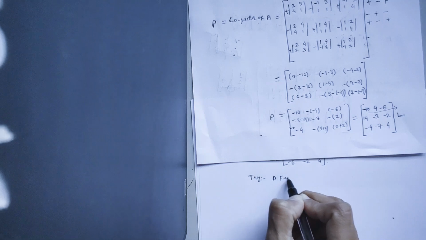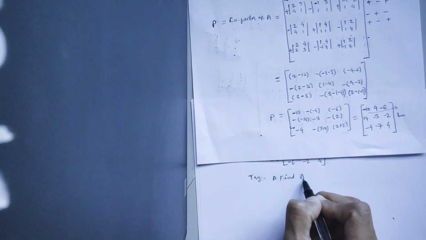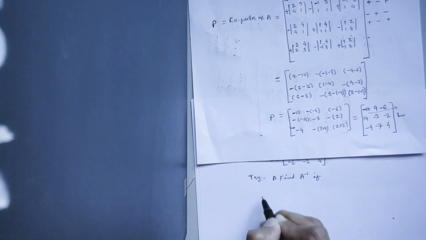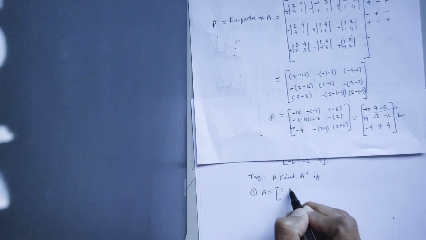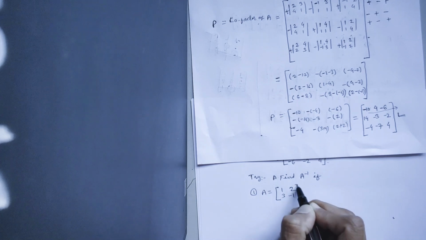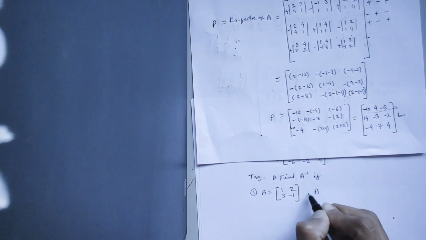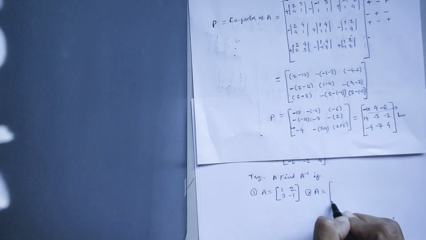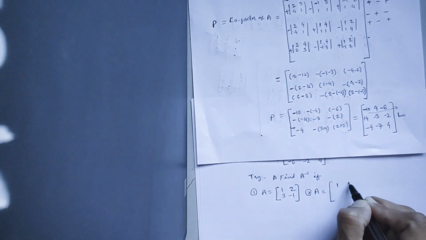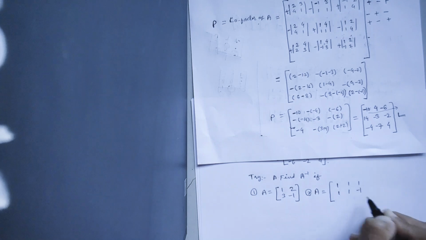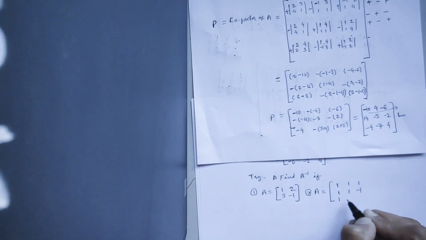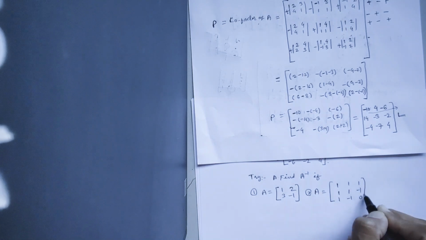Find A inverse if first A is given as 1, 2, 3, minus 1, okay, and second A equal to 1 1 1, 1 1 minus 1, 1 minus 1 0. Okay, all right. So just try it.